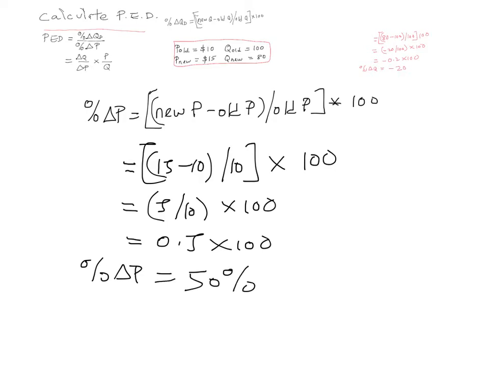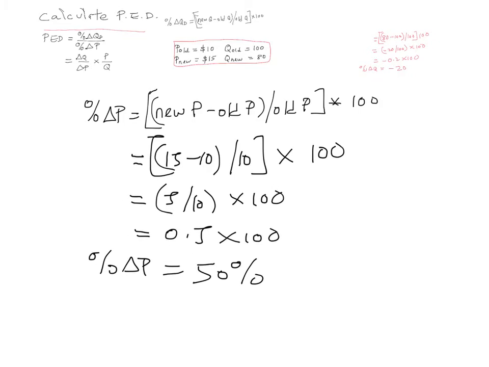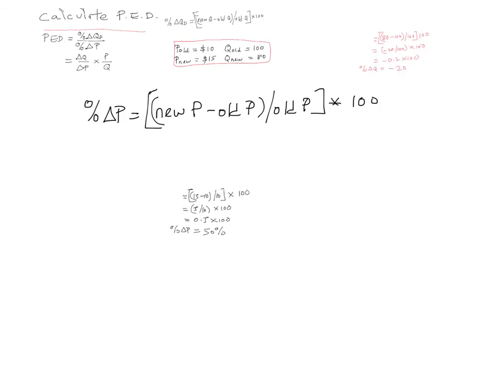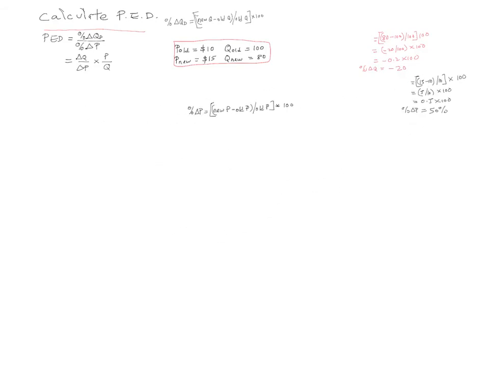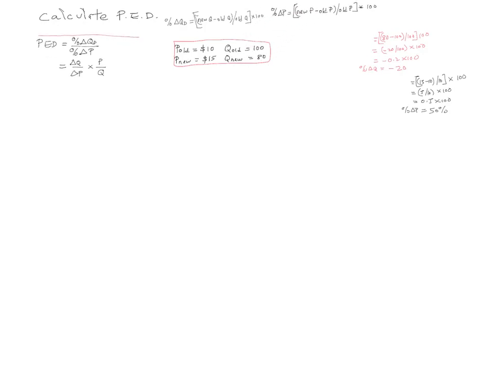We increased price by 50% and quantity demanded fell by 20%. So we'll come back to this formula now.